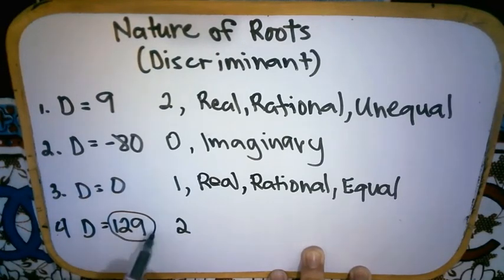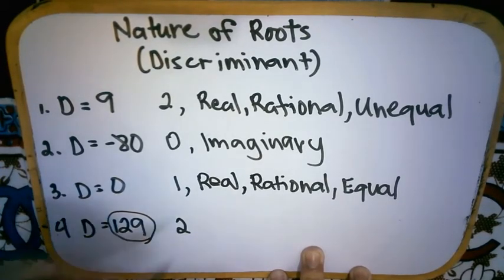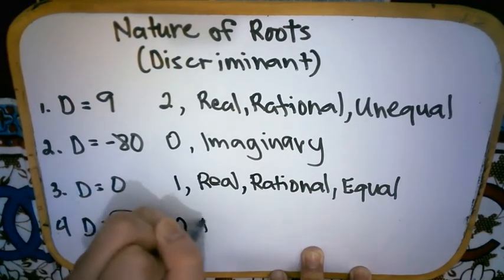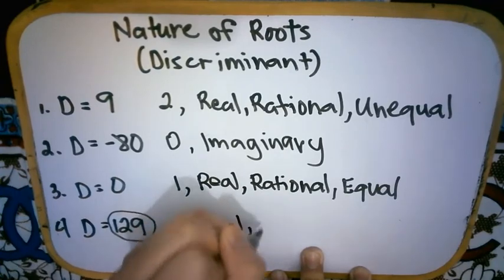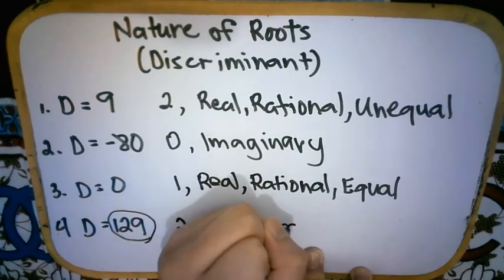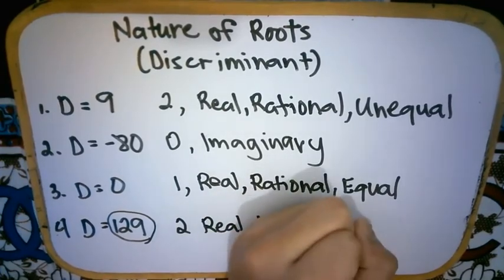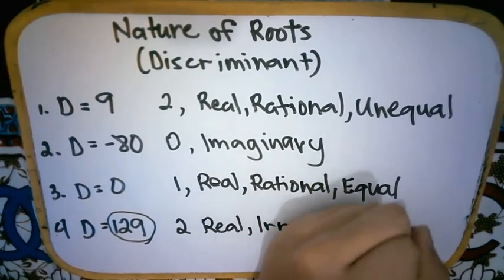Ang 129 ay hindi perfect square. Ngayon, ito ay nandoon sa pangalawang row. Ito ay RIU, or real, irrational, and unequal.